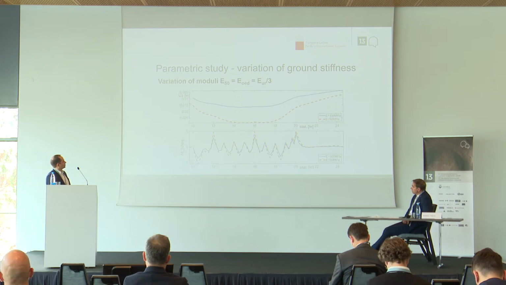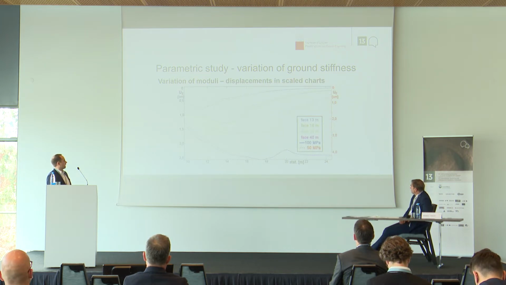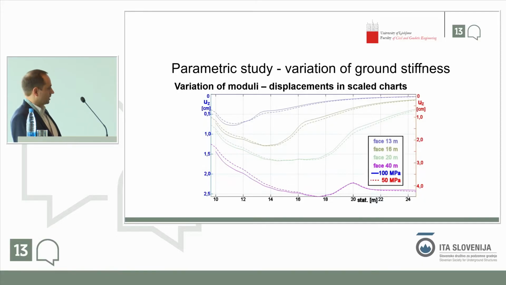Now, if you pay attention to this shape, you can see that these two shapes are quite similar. So what we did is we introduced a secondary axis, one axis for one case and the other one for the other case. And this is what we end up with. On the left side, we have a scale for the 100 megapascal cases, and these are, I think, the solid lines.